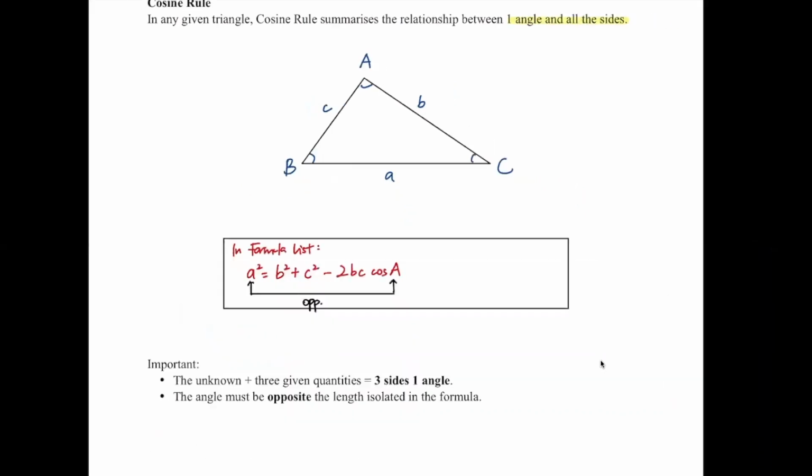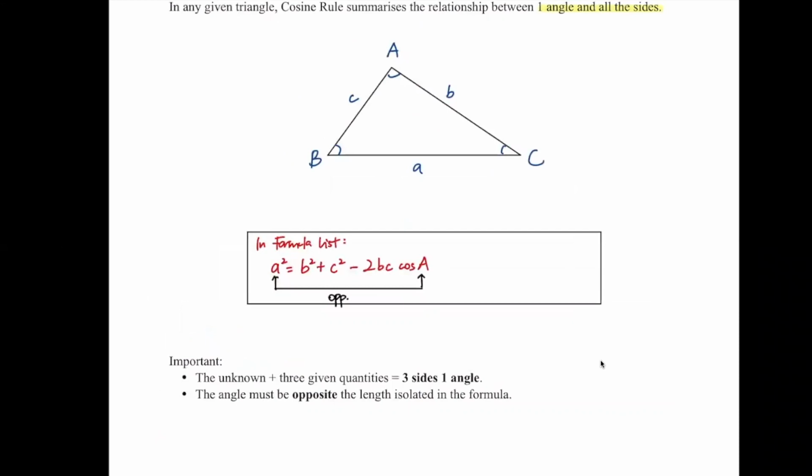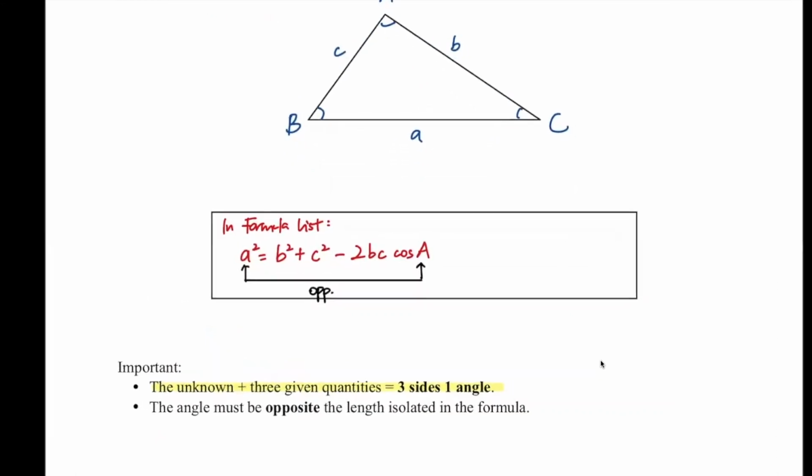Okay, now I mentioned already, the formula has three sides and one angle. So when do you use cosine rule? So again, you need to make sure when to use it and you need to make sure how to use it. Okay, so you use cosine rule when there's one unknown and three given quantities.